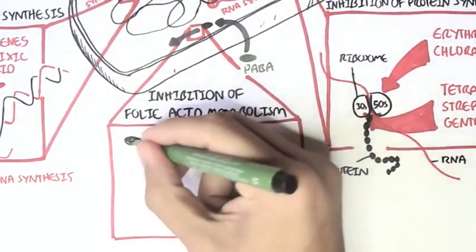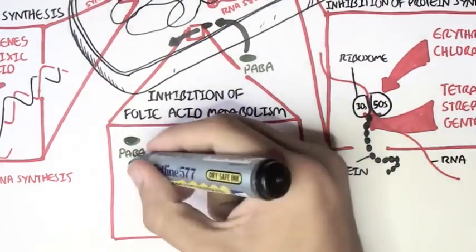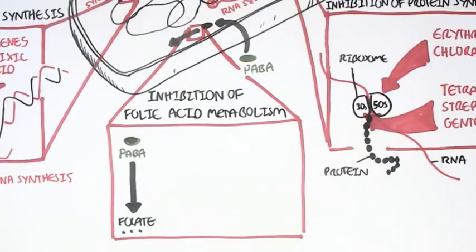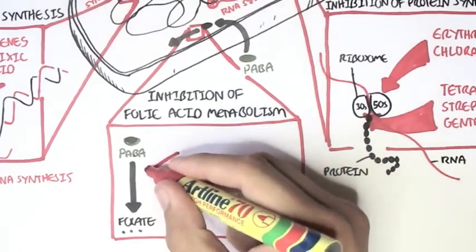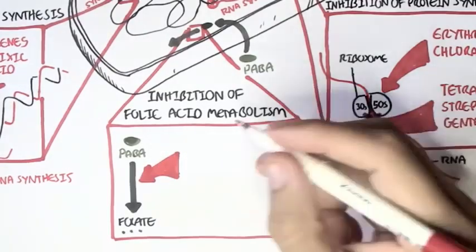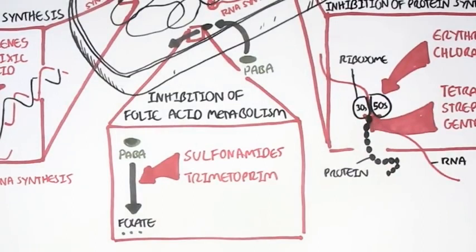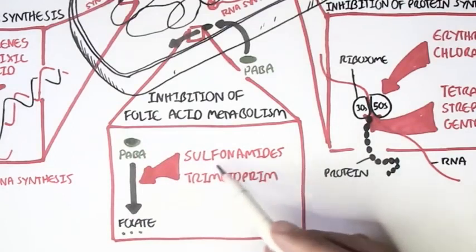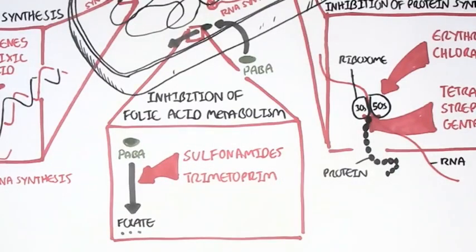PABA normally can be metabolized to folic acid within the bacteria, and folic acid or folate is essential for the synthesis of adenine and thymine, two of the 4 nucleic acids that make up DNA. These antibiotics such as sulfonamides and trimethoprim prevent conversion of PABA to folate and therefore prevent proper DNA synthesis, you can say. Humans do not synthesize folic acid, and so these antibiotics are okay to take for humans and are selective towards bacteria.